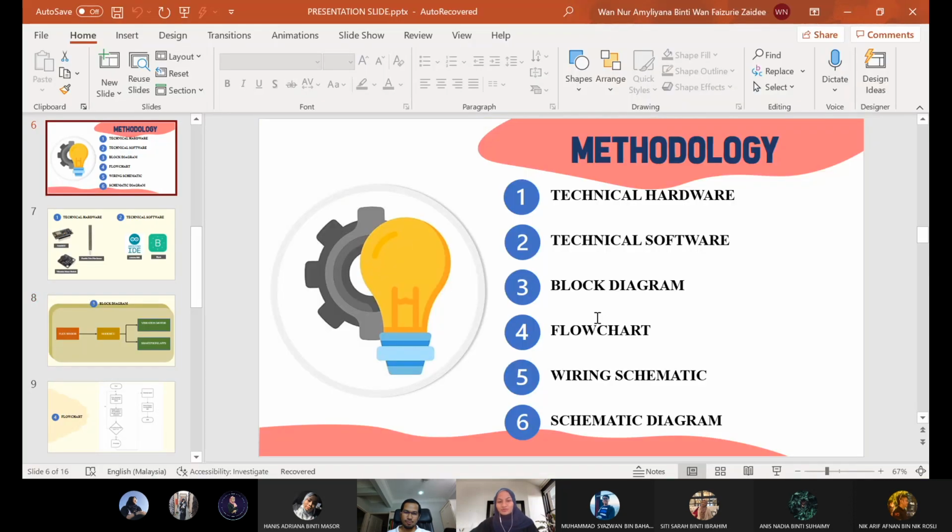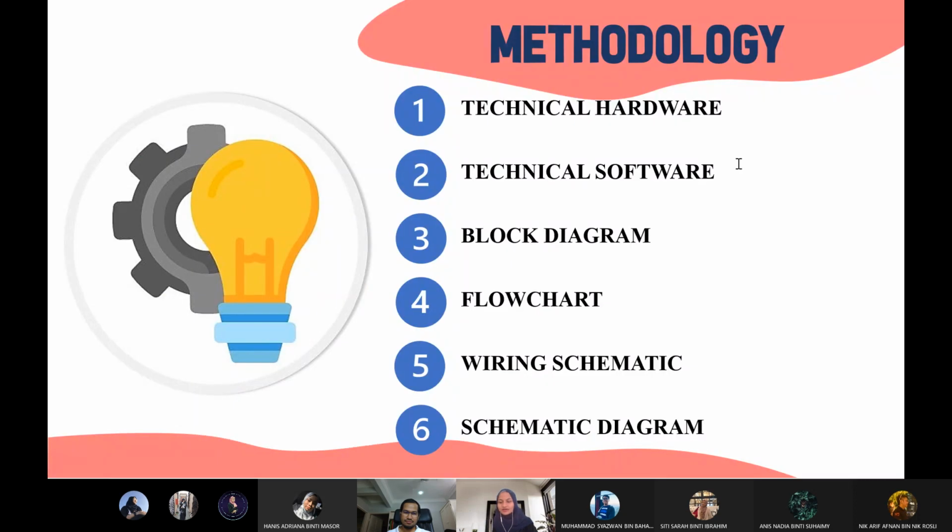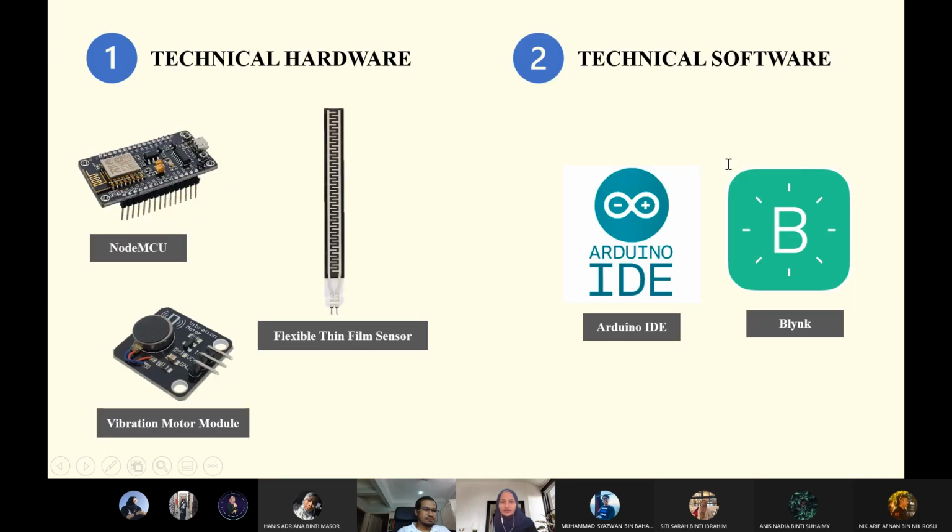It consists of 6 parts. Start with the technical hardware. For technical hardware, it involves 3 components, which are Node MCU, flight sensor, and vibration motor. Node MCU acts as a controller targeted for IoT-based applications as it runs ESP8266 Wi-Fi.